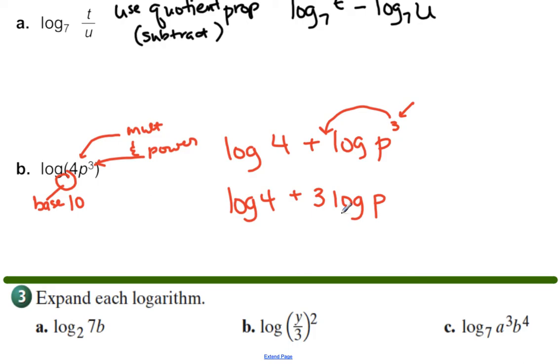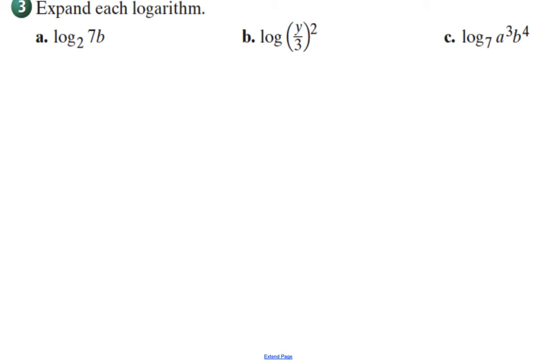That's all we have. I do want to take a look at this b down here, just because it is different. We have this entire expression being raised to this power. So the first thing we need to do is take this 2 and move it out front. So now we have 2 log of y over 3.